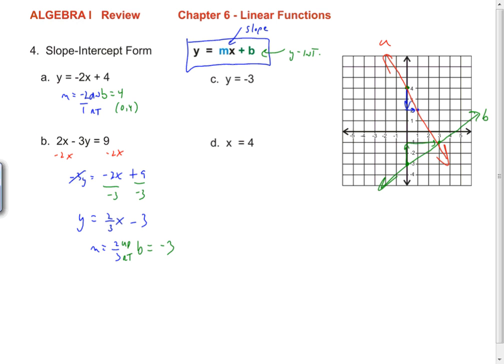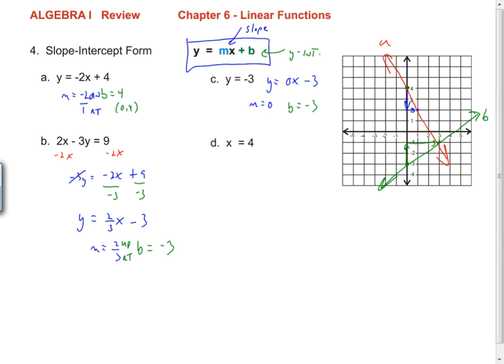All right, be careful with something like C. C can give students trouble. This is really short for y equals 0x minus 3. So what is the slope? 0. This is a horizontal line. What is the value of the y-intercept? Negative 3.